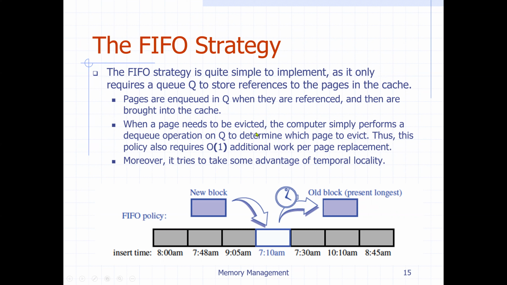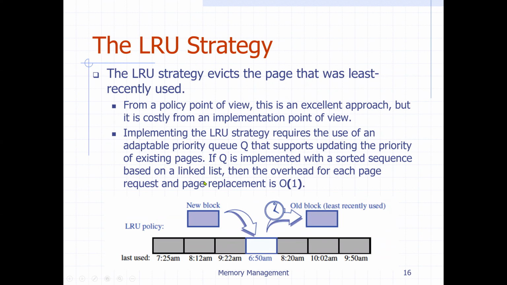Now, when a page needs to be evicted, the computer simply performs a dequeue operation, first in, first out, on the queue object to determine which page to evict. This policy also requires big O(1) additional work per page replacement. Moreover, it tries to take some advantage of temporal locality. Again, this policy is very simple. The whole concept is using a queue or circular queue.